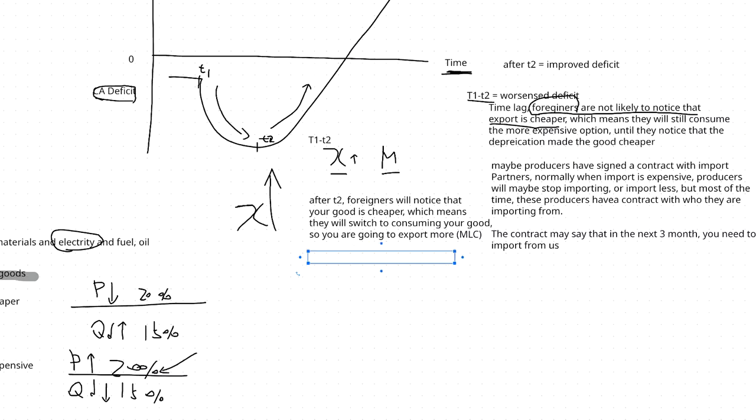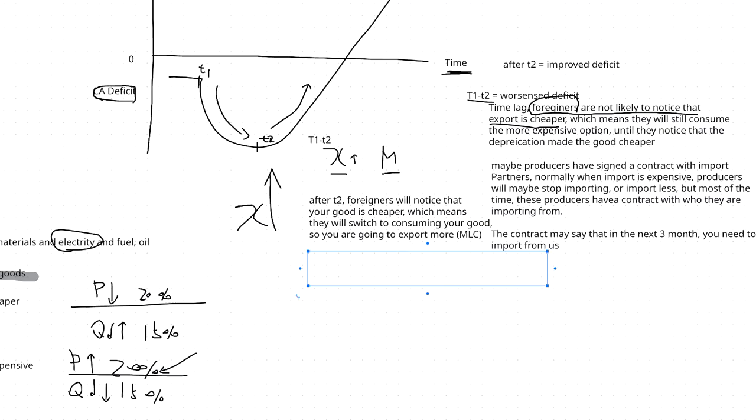They stop importing expensive goods and maybe switch to domestic good, right? To domestic good or raw materials. So import decreases a lot.